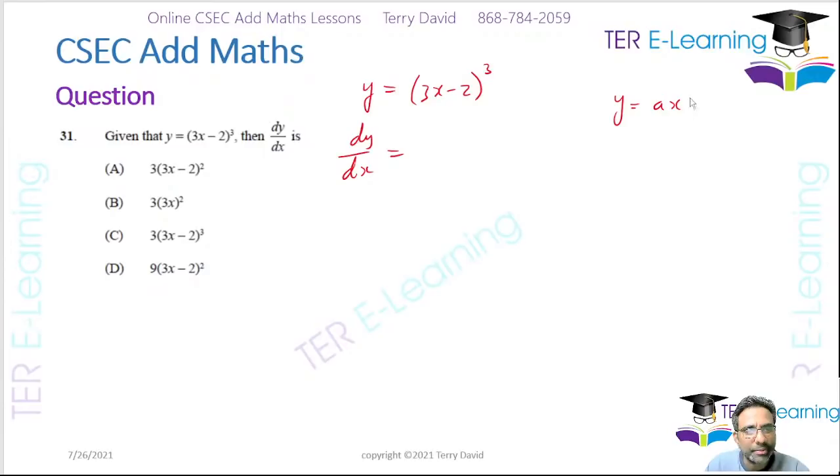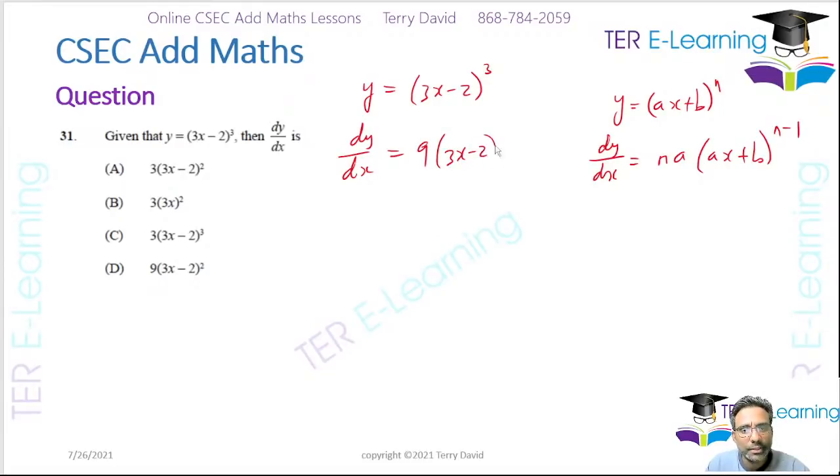If we have y is equal to (ax plus b) to the power n, then dy/dx is equal to n times a multiplied by (ax plus b) to the power n minus 1. That's how we differentiate that. So this is going to be 9 multiplied by (3x minus 2) squared. That's my answer. We just had to use a formula for that. That's it.